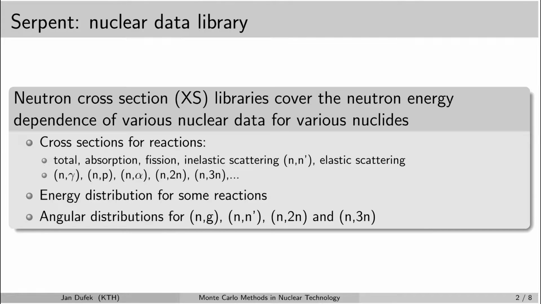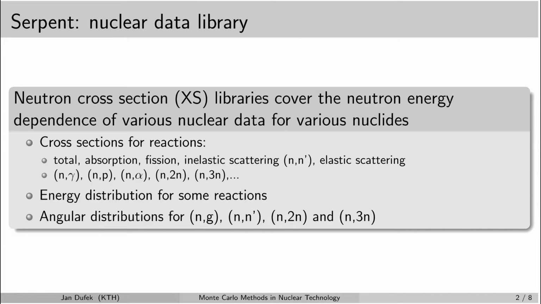So this library contains primarily the neutron cross-sections, all kinds of cross-sections. So you will find their total cross-section, the absorption, fission, inelastic scattering, elastic scattering, capture, proton production, the alpha production, N2N, N3N reactions, and so on.